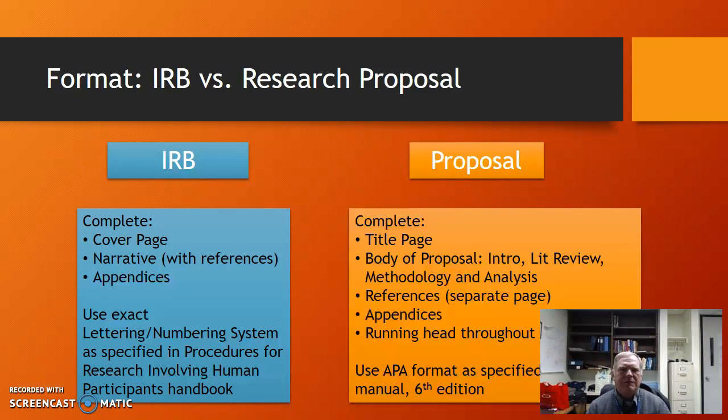There are several websites that talk about APA 6 format to make a research proposal, and Purdue's is probably the biggest one, and you can use those websites if you have any question about what a proposal is.